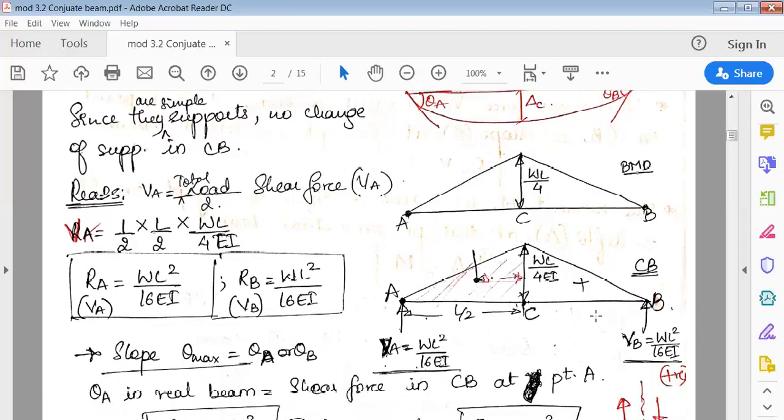Now the different thing about this is, now this is a conjugate beam. See here, CB means conjugate beam. Conjugate means we are going to replace the supports. Now I can check here, A is a simply support, B is also simply support.